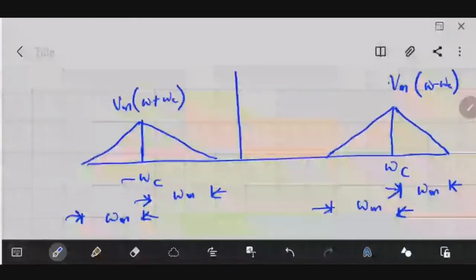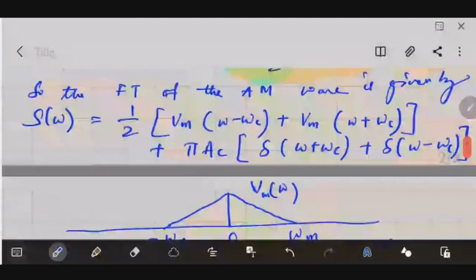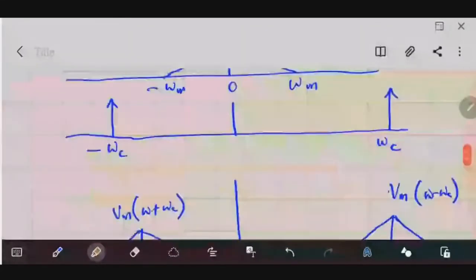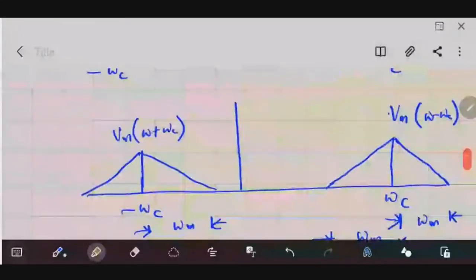However, this is something that we have plotted from this equation. We have already plotted omega minus omega c and omega plus omega c. However, you could see there are two other terms, del of omega plus omega c and del of omega minus omega c. So let us plot them also. If we plot them, they will be shown like this.